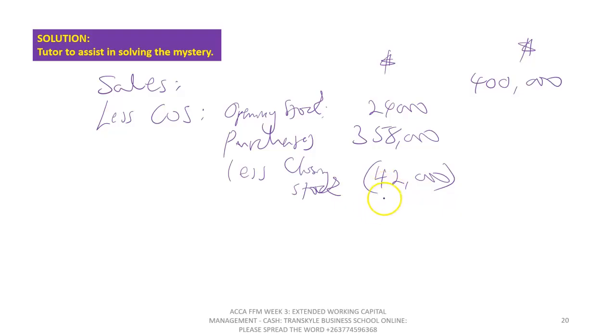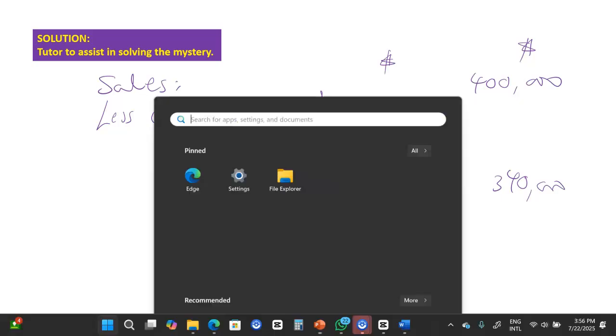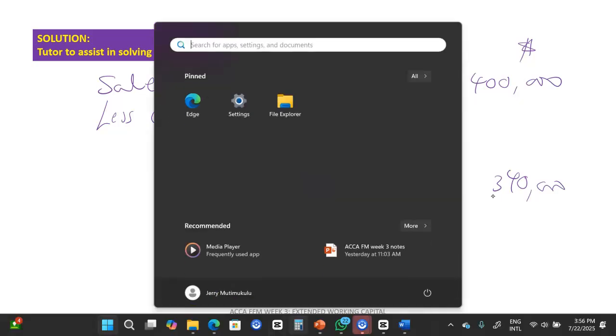So we do the mathematics in this column, we add up and subtract where relevant, and we will get the cost of sales figure of how much. That's 340. We can confirm with the calculator.